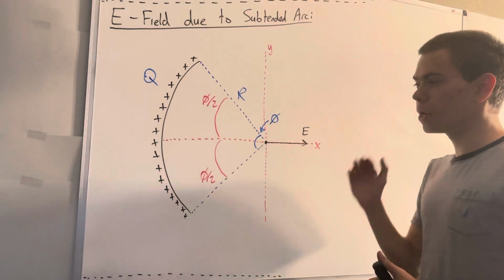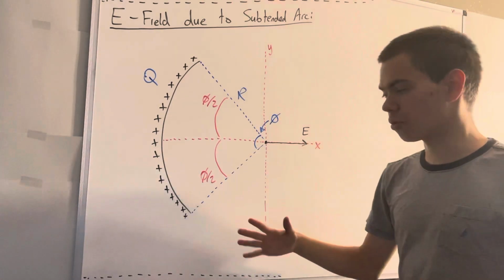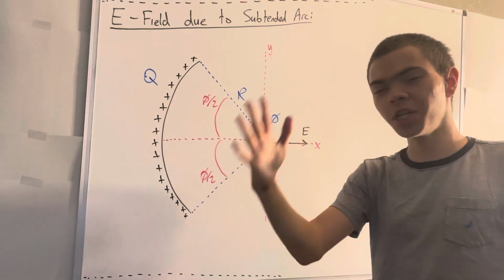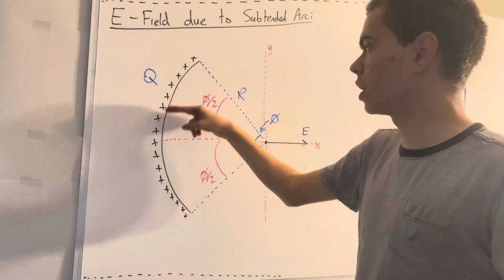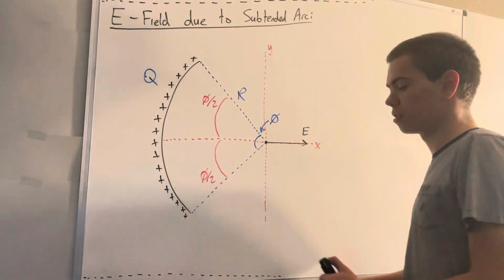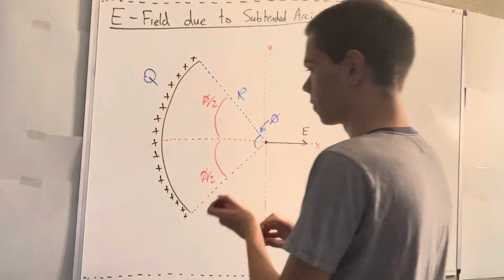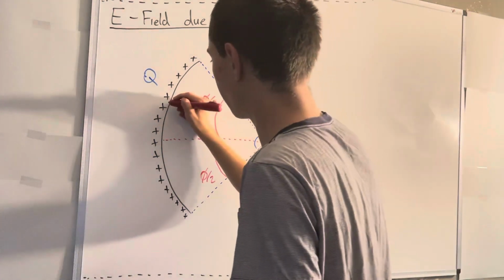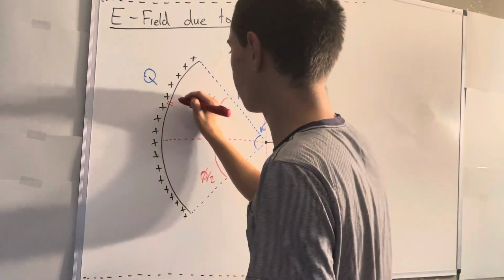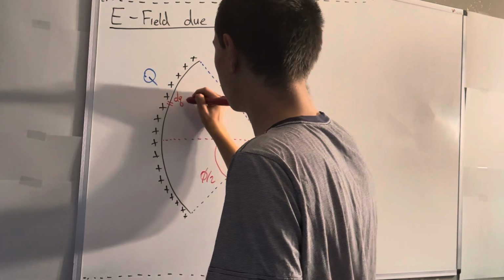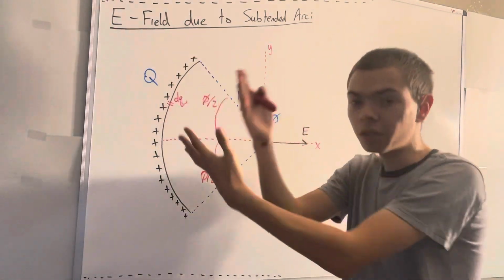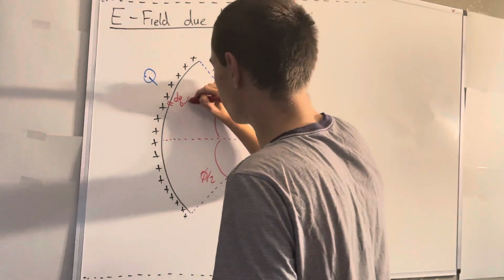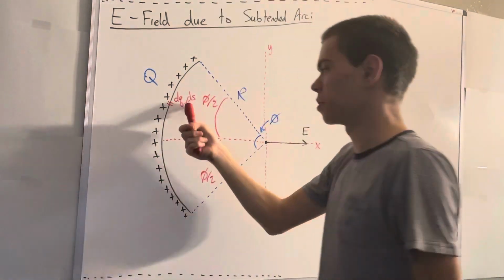Well, the way we can do it is we can integrate the electric fields due to point charges along our arc. We're going to say that we have a point charge right here that we're integrating. We're going to call that charge dq, and it's a really small amount of length along our arc, a really small amount of arc length, so ds.